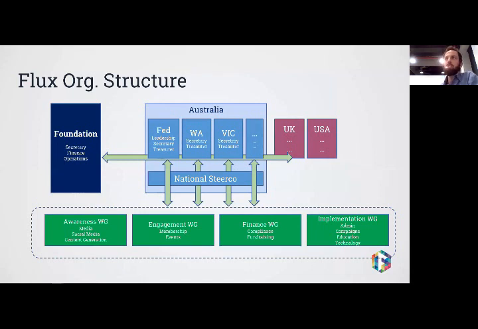There's another series of videos that will provide information on what the National Steerco is doing, but the real juice of what we want to get into today is at the bottom of the screen, the working groups.